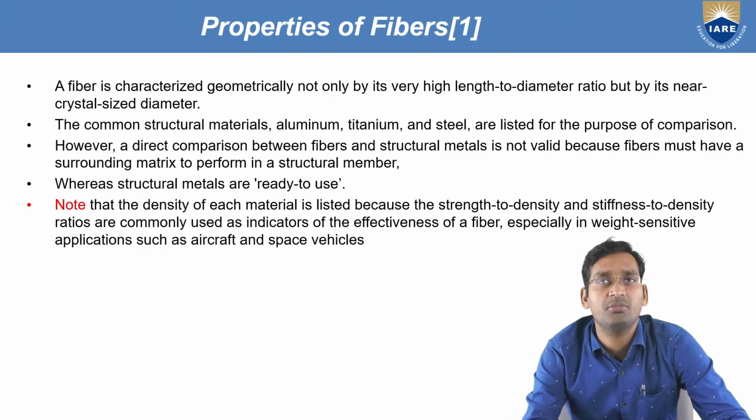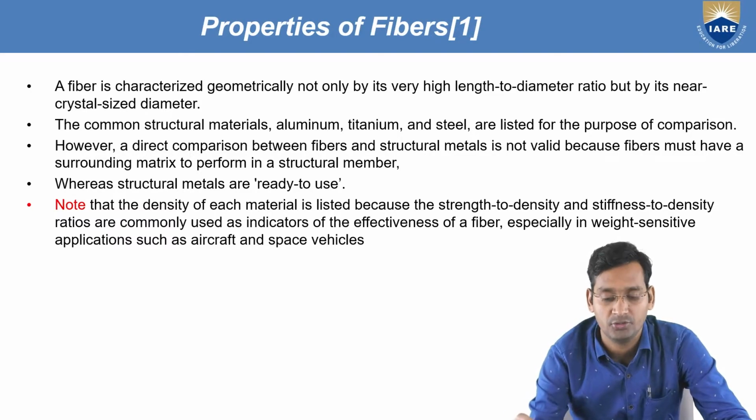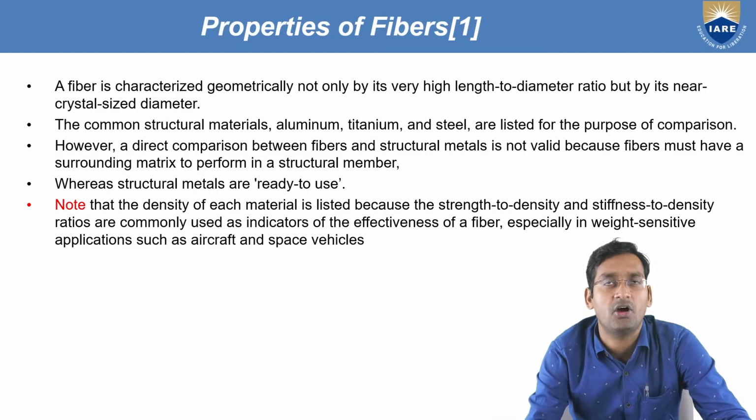The common structural materials aluminium, titanium and steel are listed for the purpose of comparison. However, a direct comparison between fiber and a structural metal is not valid, because fiber must have a surrounding matrix to perform in a structural member.